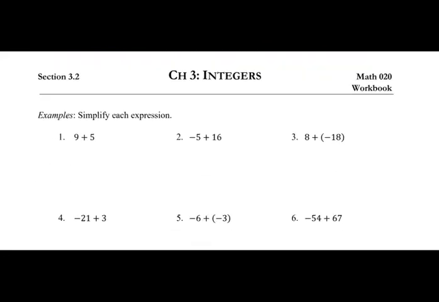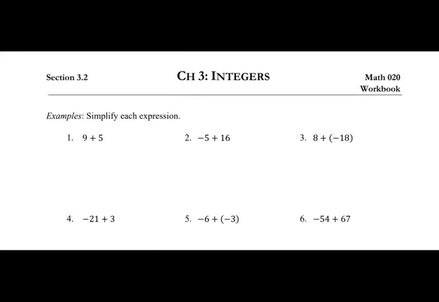So just to review, adding integers with the same sign, either positive or negative, you keep the sign, you add the values. Adding integers with different signs, you keep the sign of the bigger value, and then you subtract the numbers.